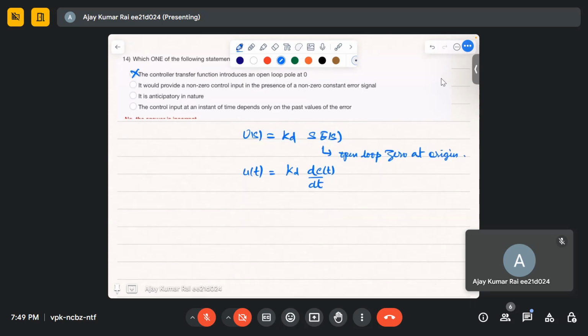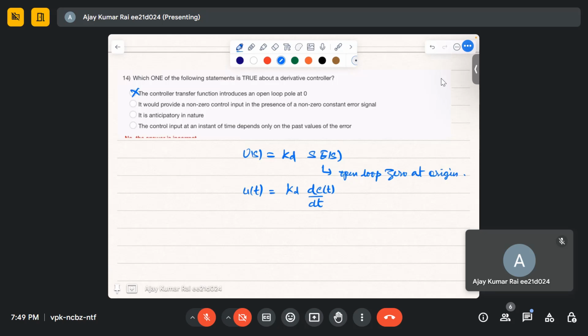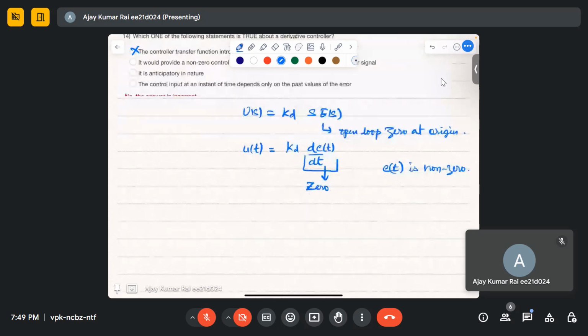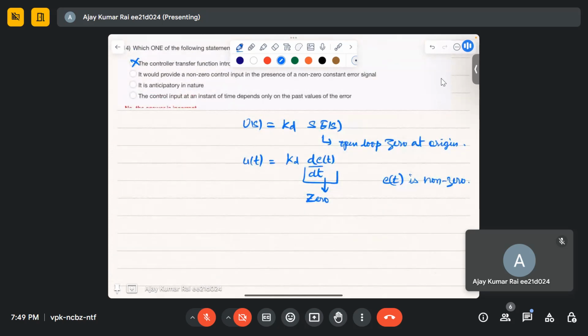So this value can be zero, but your e of t is not zero. If e of t is not zero, what can happen? Your de(t)/dt can be zero, and because of that your u of t will be zero.